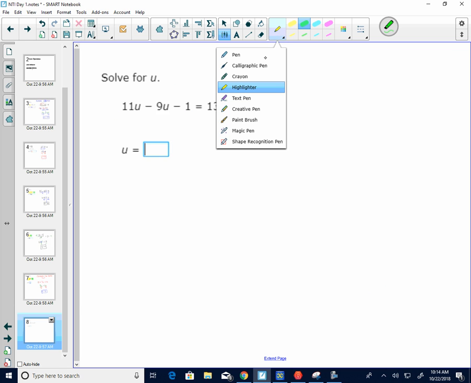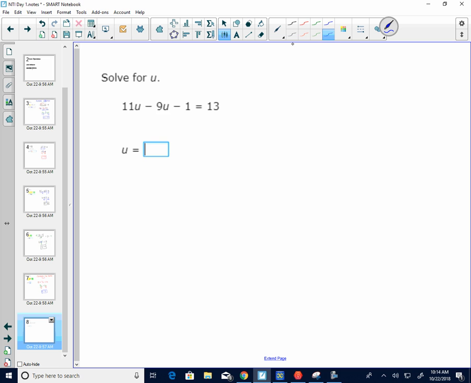One last example where we have to combine like terms. It's 11u minus 9u minus 1 equals 13. These are like terms. They both have a u, so we need to combine them together. Since they're on the same side of the equal sign, we just put them together as is. 11 minus 9 is 2.